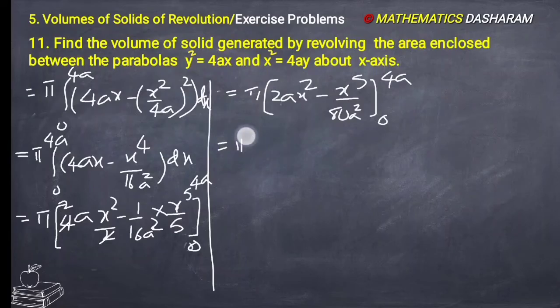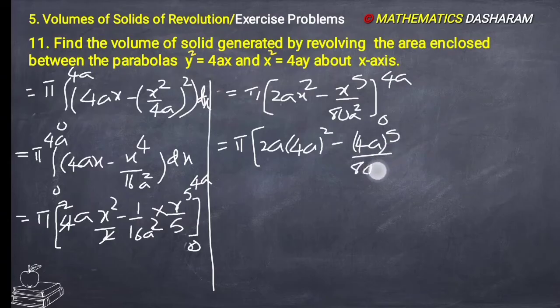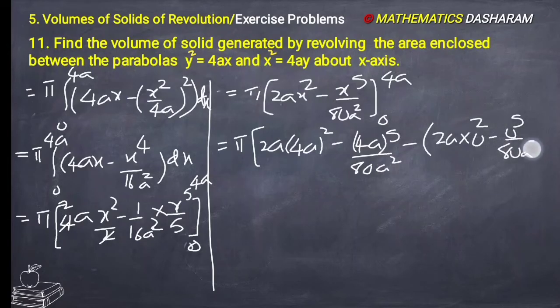So substitute the upper limit first. 2a into 4a whole squared minus 4a whole to the power of 5 by 80a squared, minus 2a into 0 squared minus 0 to the power of 5 by 80a squared.